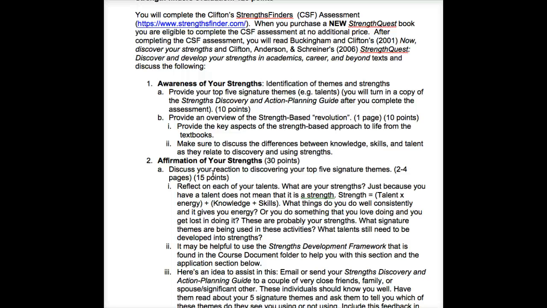A lot of people get the understanding of what a strength is wrong, and I'm going to talk about that in our next section, in the affirmation of your strengths. So one page, real quick, what is this whole strengths-based thing about? So one page on that, and that's 10 points for providing that overview of this whole strengths-based revolution.